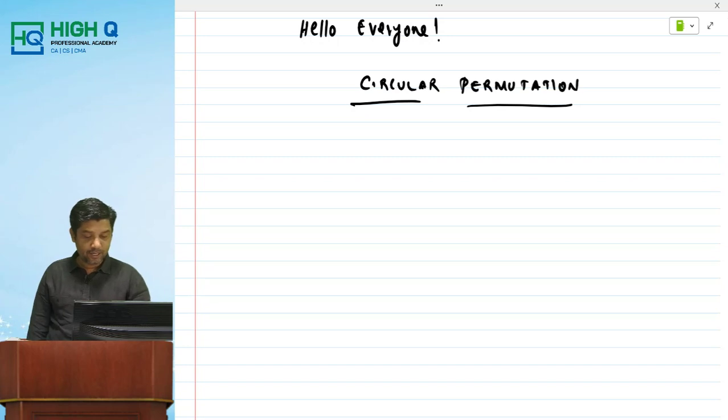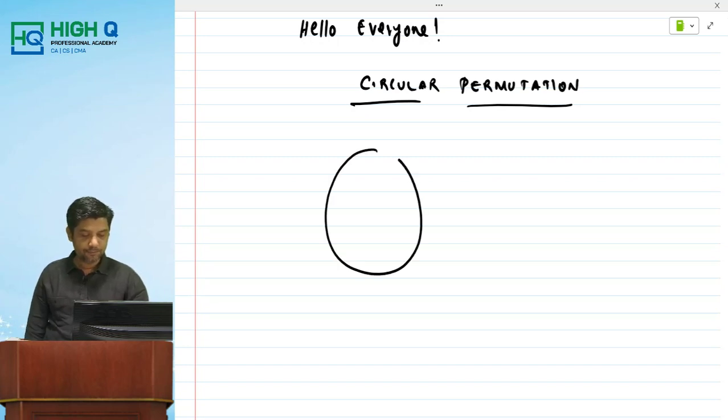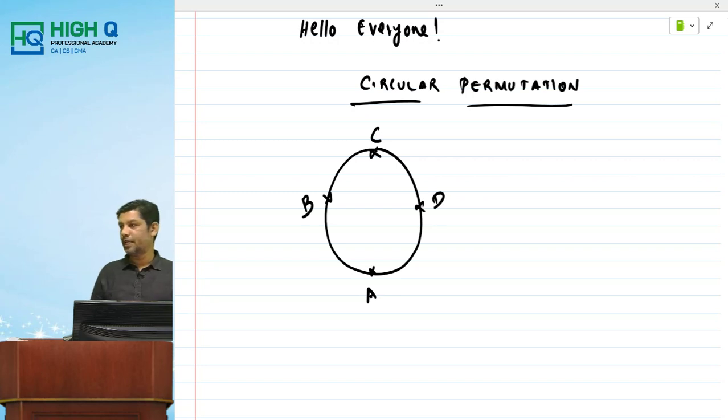See, for example, in a circular table, A, B, C, D. This is one arrangement.